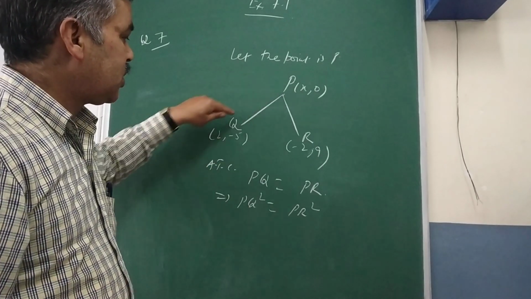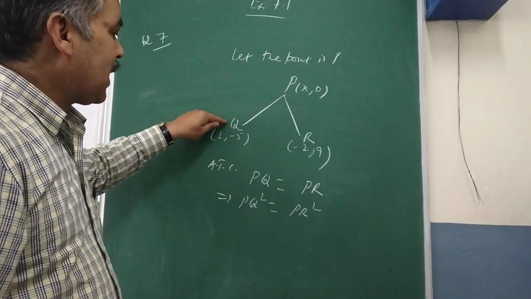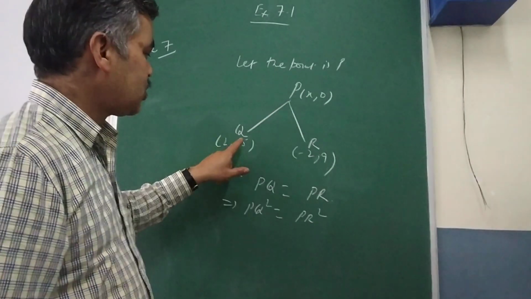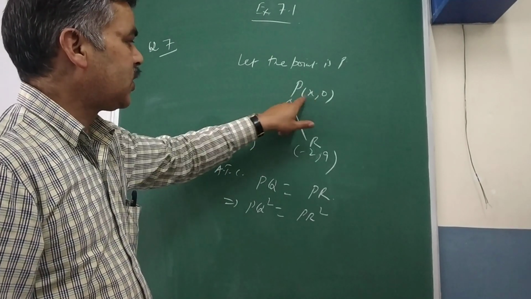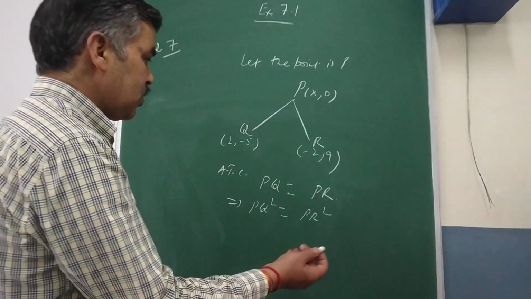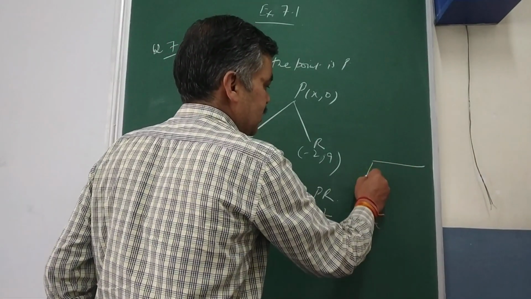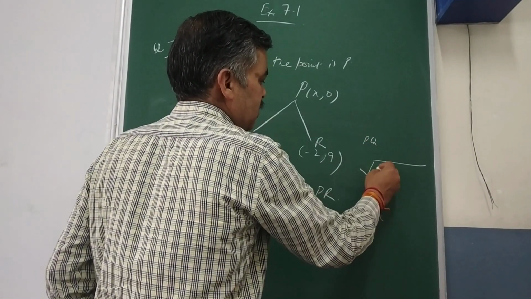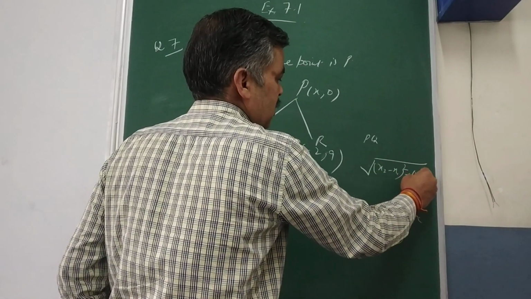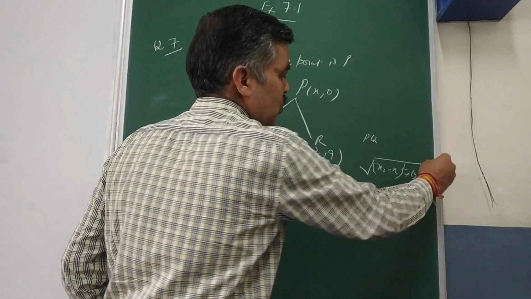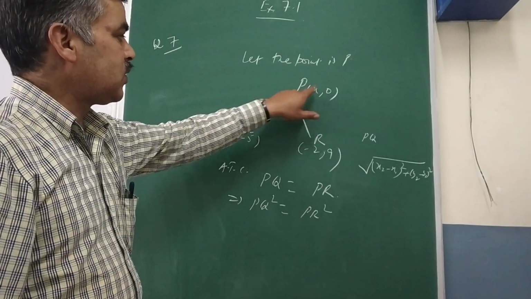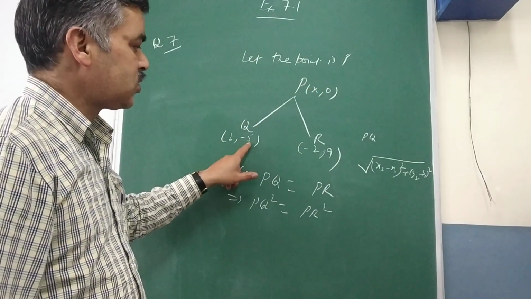Now for P and Q, when you are applying the distance formula with x1, y1, x2, y2, that is your choice. Either you take this as x1, y1 or you take that. You know the formula, that you can write for PQ: x2 minus x1 whole square plus y2 minus y1 whole square, and then keep on putting in the values.